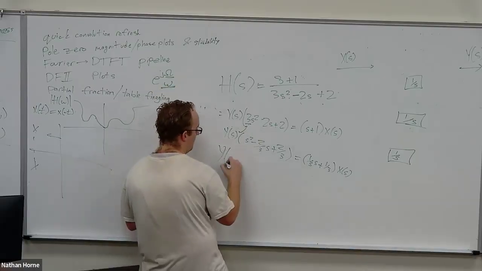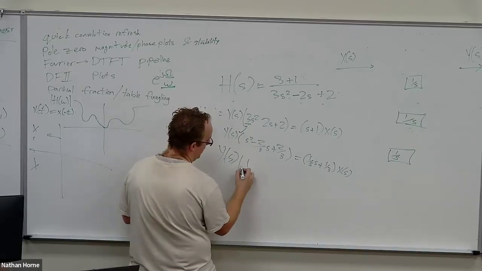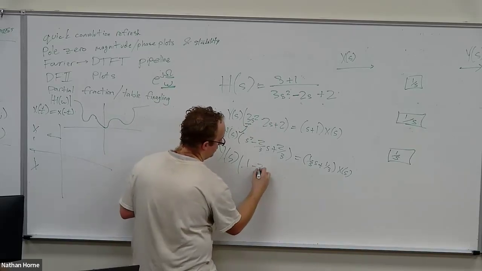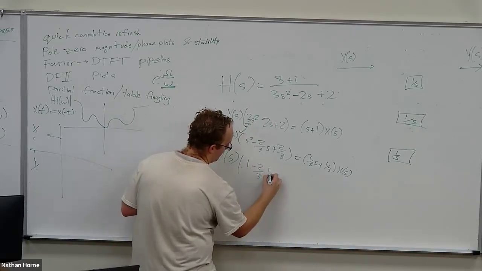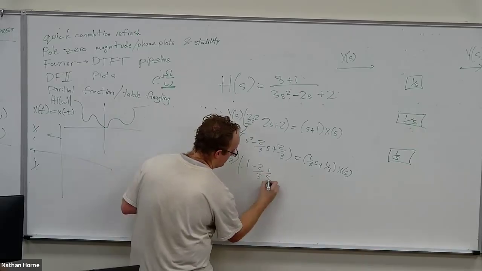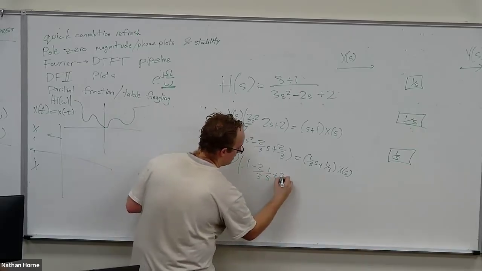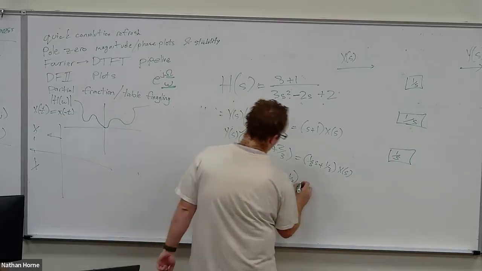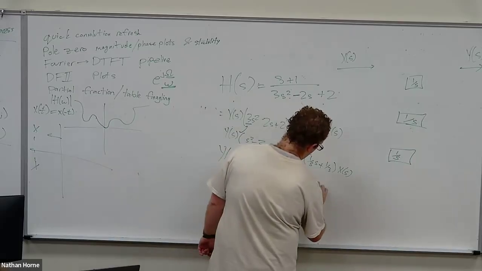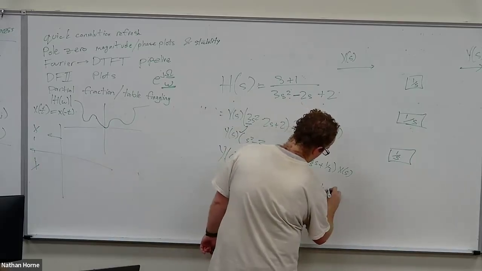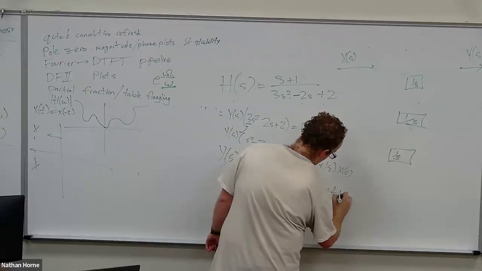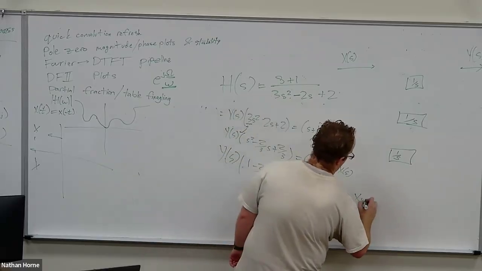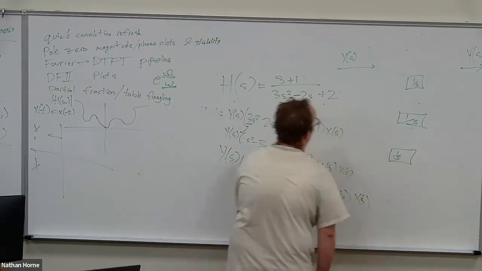So we're going to have Y of s times 1, because s squared divided by s squared is 1, minus 2/3 times 1/s, plus 2/3 times 1/s squared, equals 1/3 times 1/s plus 1/3 times 1/s squared, times X of s. Okay.